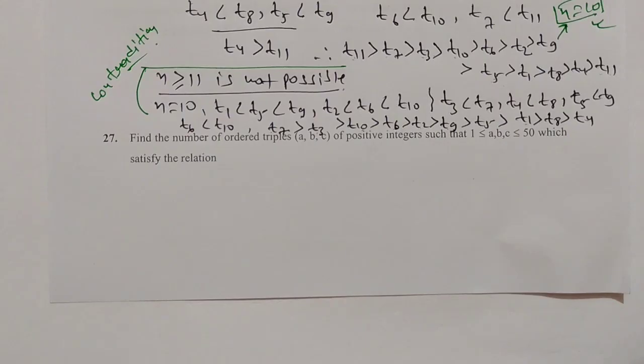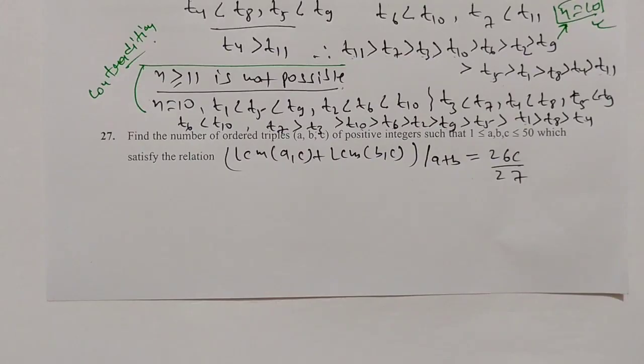We satisfy the relation (LCM of (A, C) + LCM of (B, C)) / (A + B) = 26C / 27. Here LCM is the lowest common multiple of the given numbers.